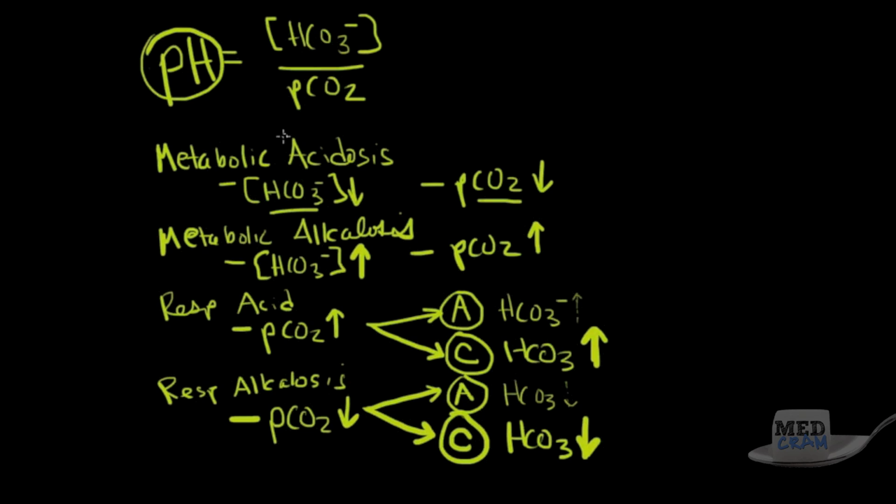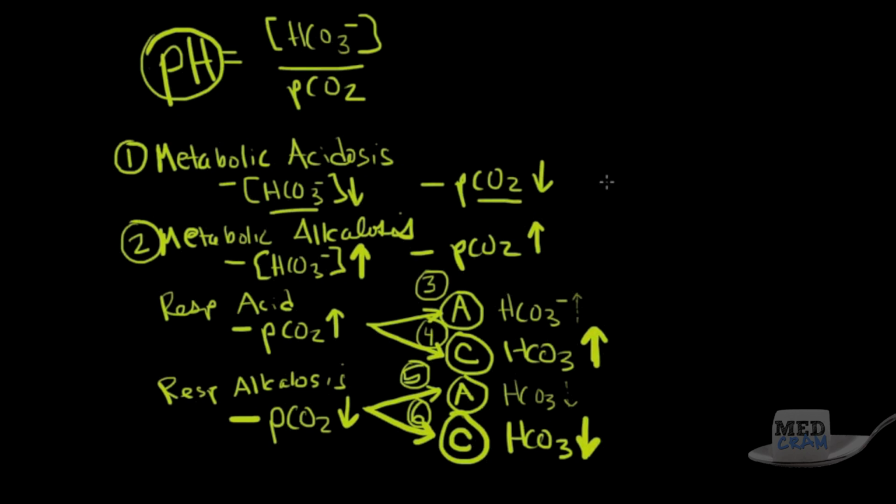So in actuality, there are just 6 different acid-base disorders, primarily. 1, metabolic acidosis. 2, metabolic alkalosis. 3, acute respiratory acidosis. 4, chronic respiratory acidosis. 5, acute respiratory alkalosis, and finally 6, chronic respiratory alkalosis.